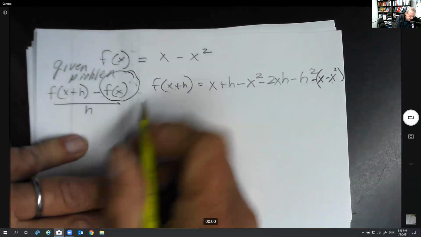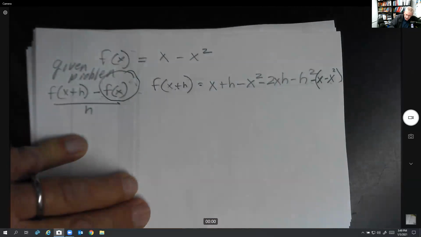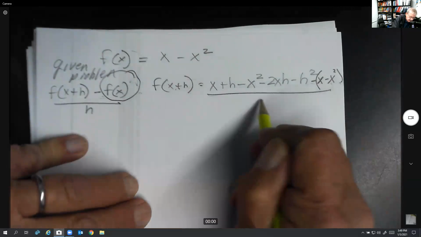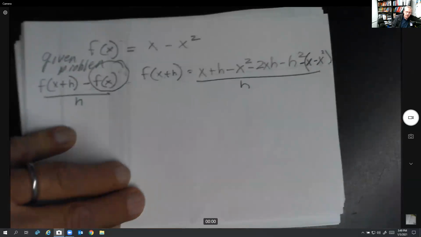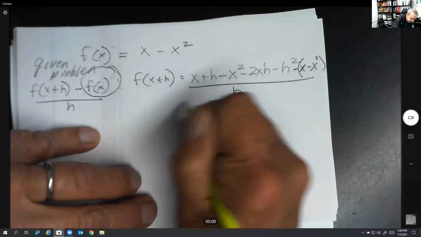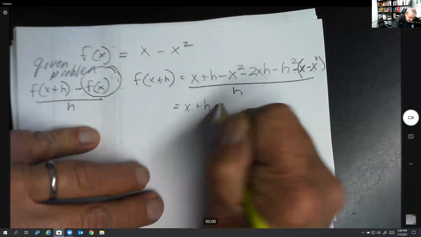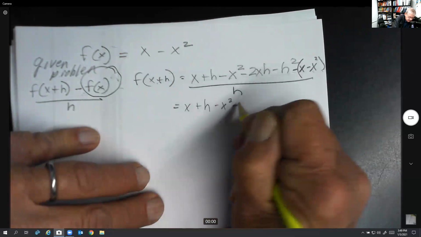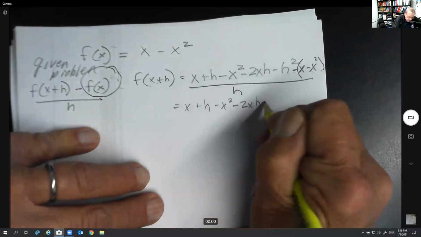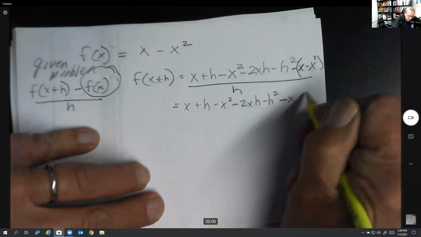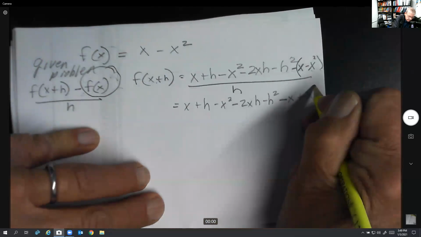So it's saying put in this x plus h like we did over here, then subtract off the original problem, and then when you get through with it, divide the whole mess by h. So let's see what we get. This equals x plus h minus x squared minus 2xh minus h squared minus x plus x squared.